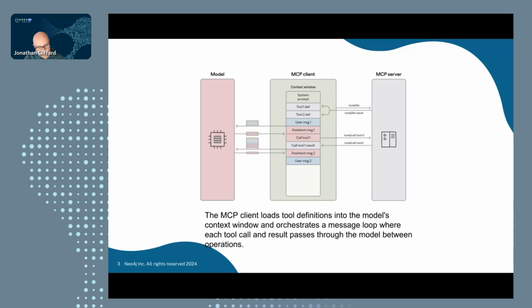And if we dig a bit more into what's going on, you can look at this particular picture. If we look at the top, we can see what's going on here when we look at the interaction between the model, the MCP client and server. One of the first things that happens is your MCP client will ask for the list of tools which an MCP server has available.